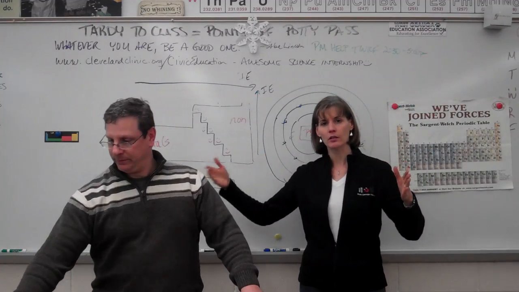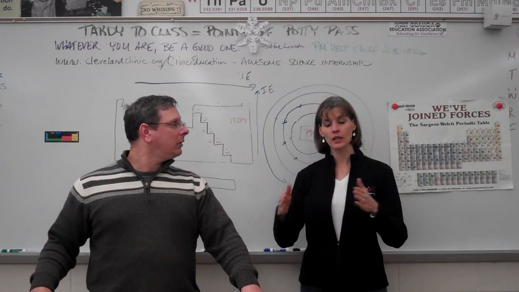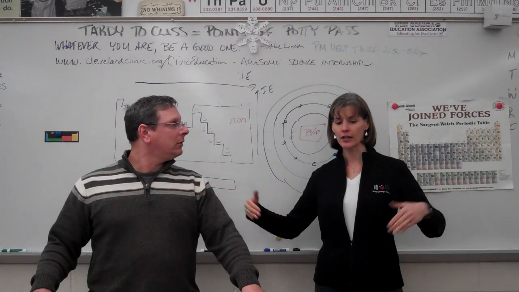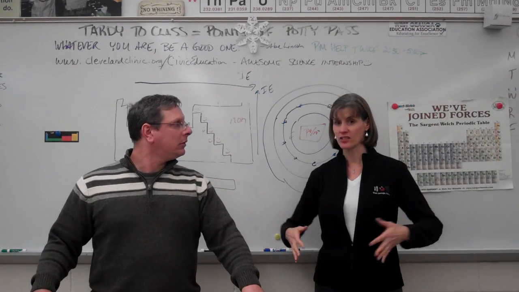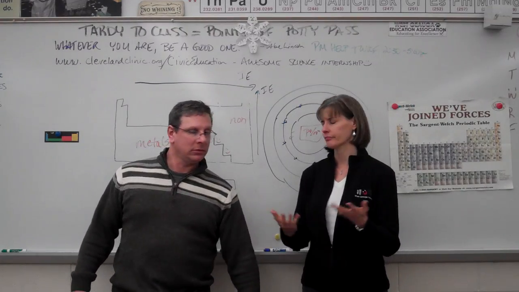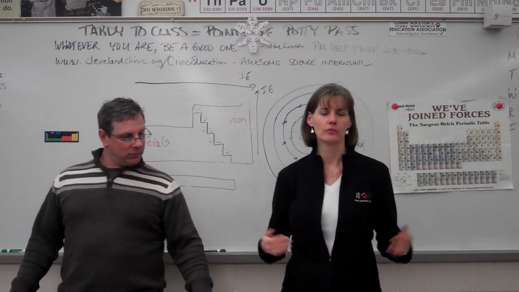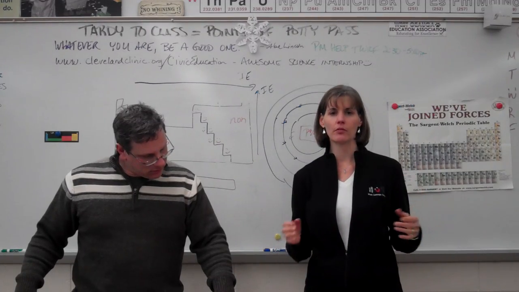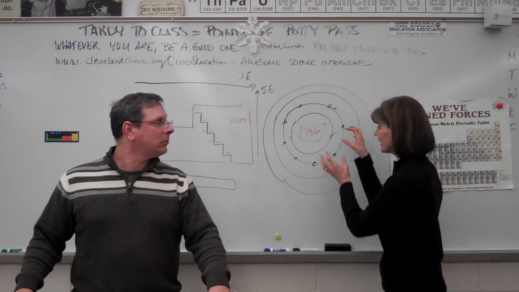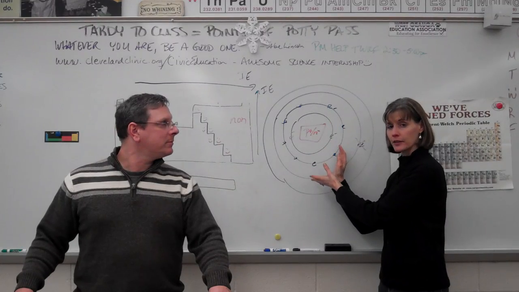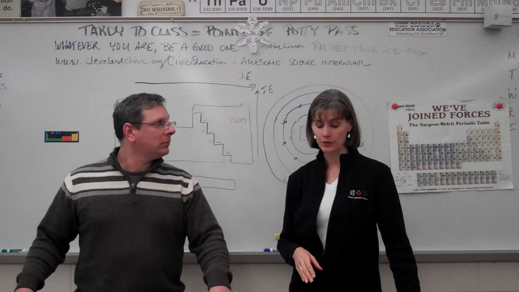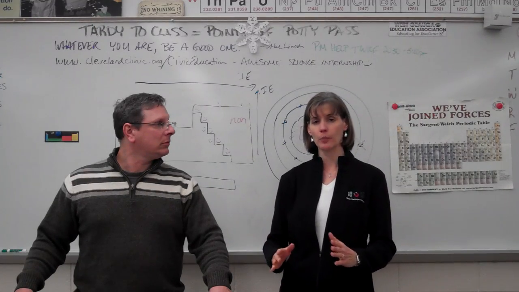But somewhere along the way, there's going to be this huge jump where you're not just increasing by a few hundred or a few thousand, it's going to be like tens of thousands of kilojoules worth of energy, for example's sake. And when there's this really big jump, then you know you've started into this inner shell, this stable octet. So you need to be able to look at the pattern in the numbers and find where that jump is.